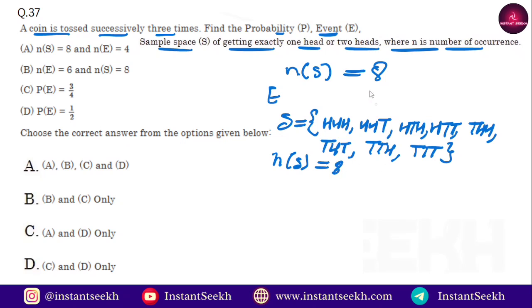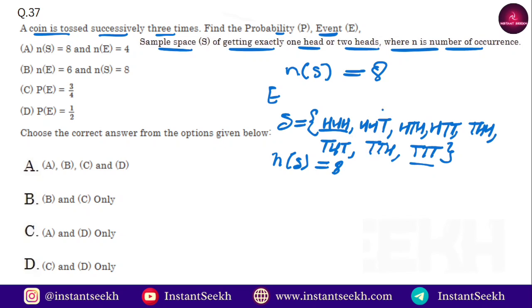Now the event that is mentioned is one head or two heads. So you can find it. This gets eliminated, and this also gets eliminated. Why? It is mentioning only exactly one or two heads.